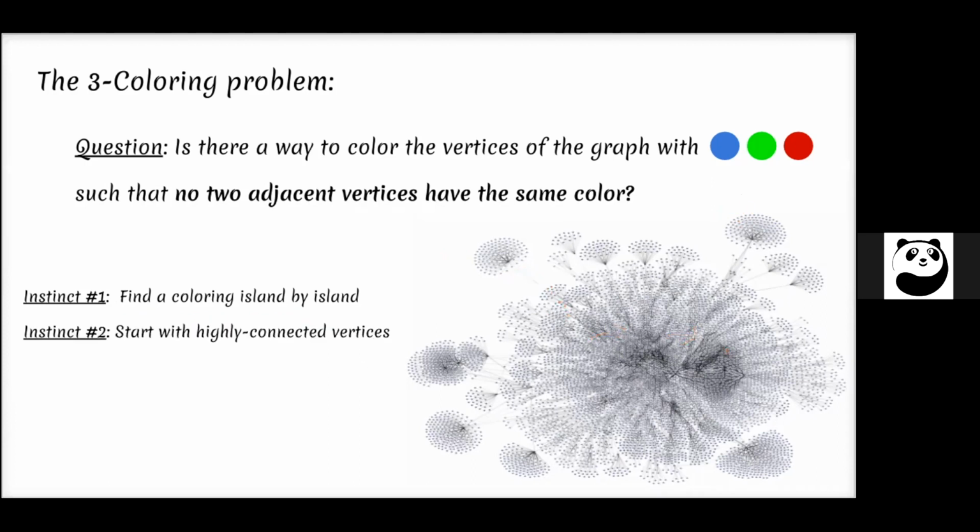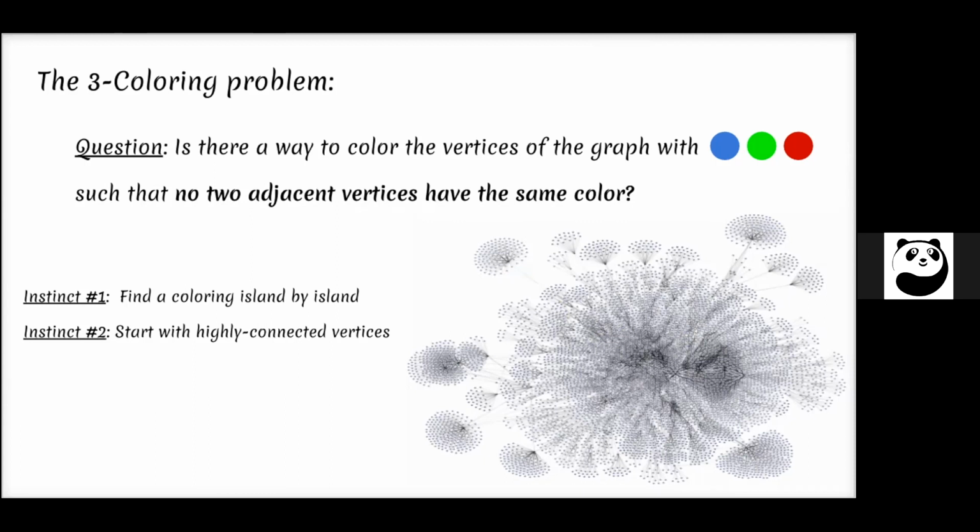Another instinct you might have is you say, I'll start with highly connected vertices that have so many edges, because these are more likely to be problematic. They have more neighbors, therefore they are the ones that will be responsible for conflict. So you color those highly connected vertices, and you color their vicinities, and you move to the next highly connected vertex, and so on.